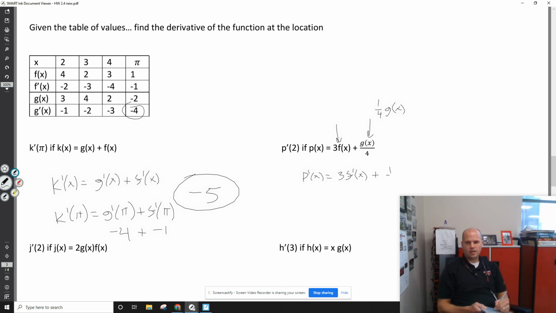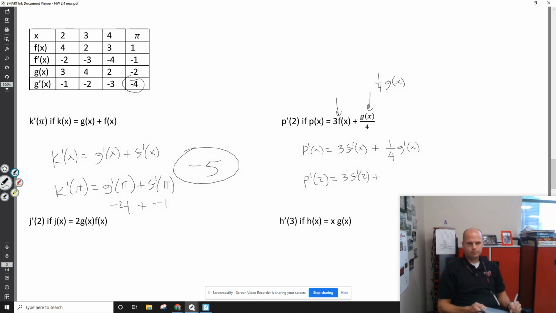The derivative of this is 1/4 g prime. You're asked to find these values at 2. So you have 3 times f prime of 2 plus 1/4 g prime of 2. F prime of 2 is -2, so I got 3 times -2. G prime of 2 is -1, so I have 1/4 times -1.